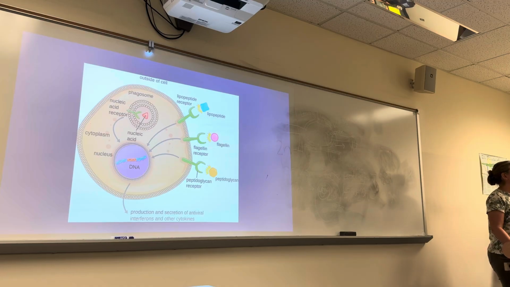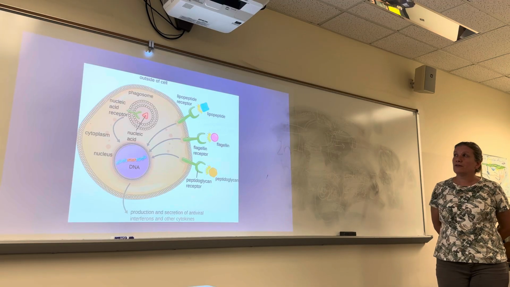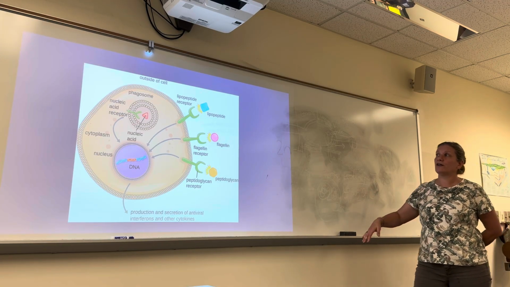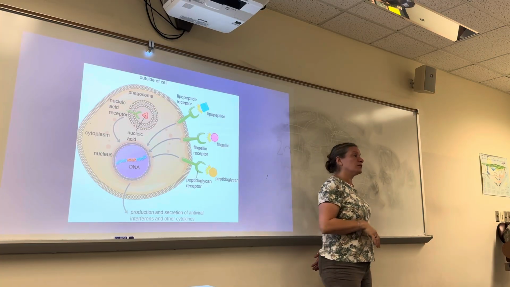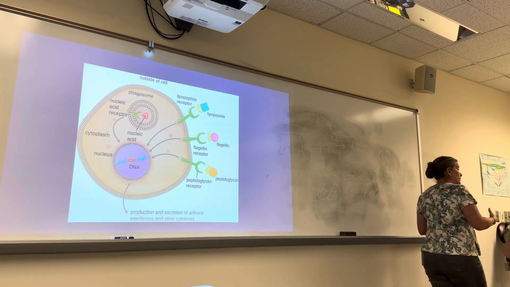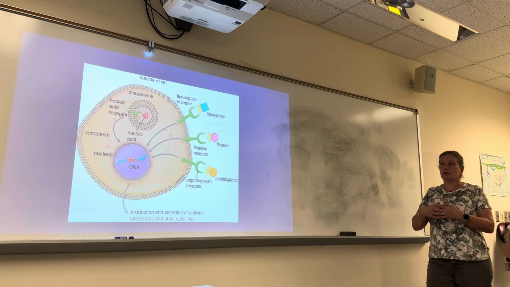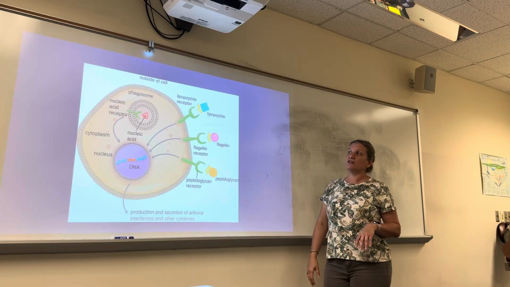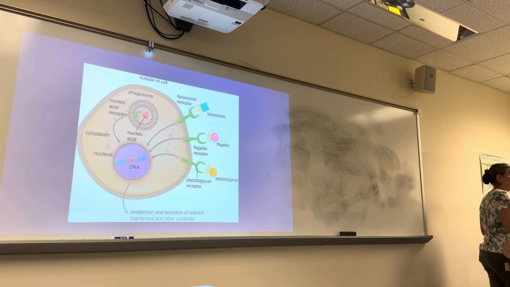All right, so this is just showing you examples of these toll-like receptors and interaction with the potential PAMPs that they would recognize, and upon interaction with the PAMPs, that is going to trigger a series of events in order to promote that phagocytic process.